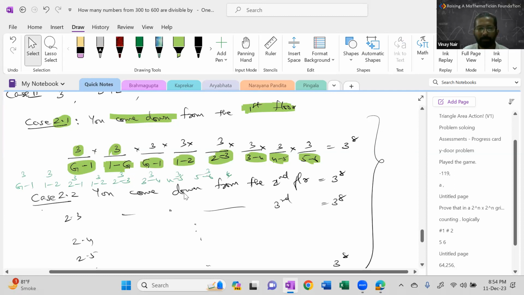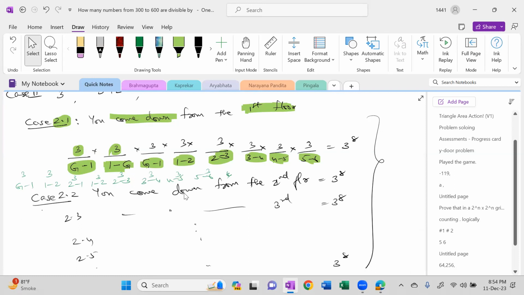So counting from G to 1, 1 to 2, and like that, it is 3^8. Correct. Now 3^8 is when you come down from the first floor in case 2.1. In case 2.2, again there are 3^8 ways, because for every floor there are 3^8 ways. Exactly.